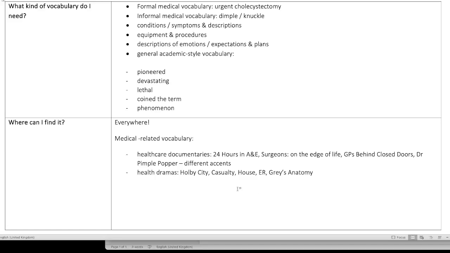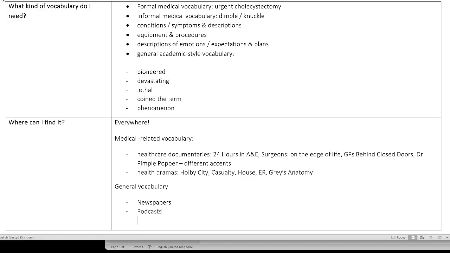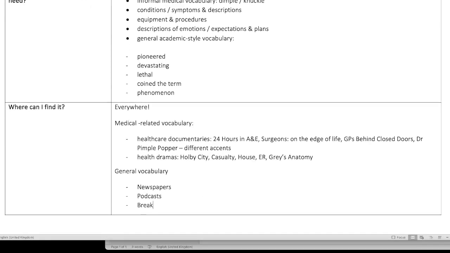So general vocabulary. Newspapers. That's a really good one. Podcasts. I like true crime podcasts and history podcasts. Loads of vocabulary there. There's a really good website called Breaking News English that we often recommend.